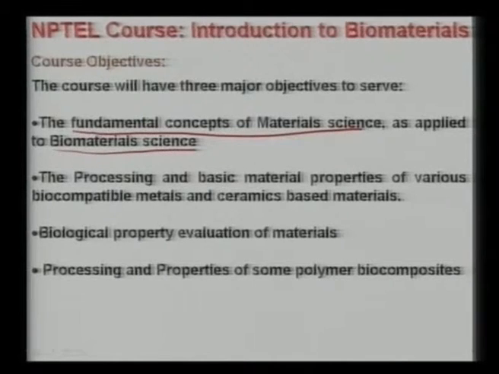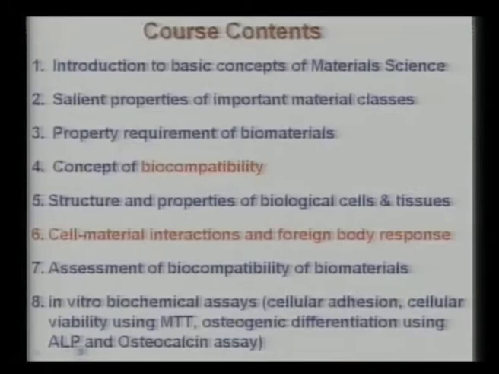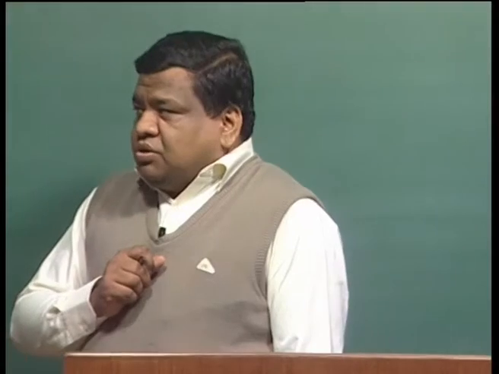Third, biological property evaluation, like what are the typical biological properties that need to be evaluated to understand the potential or application of a given biomaterial. And finally, processing and properties of some polymer biocomposites. These are the most recent developments in the field of biomaterials that will also be covered as part of this course. Now this is briefly the course content.